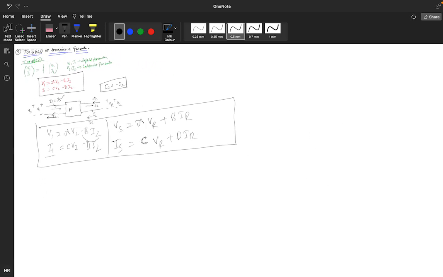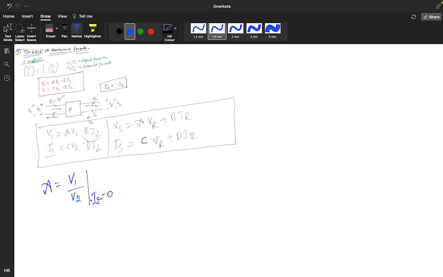What will be the value of A? The value of A is equal to V1 by V2 while keeping I2 equal to 0.